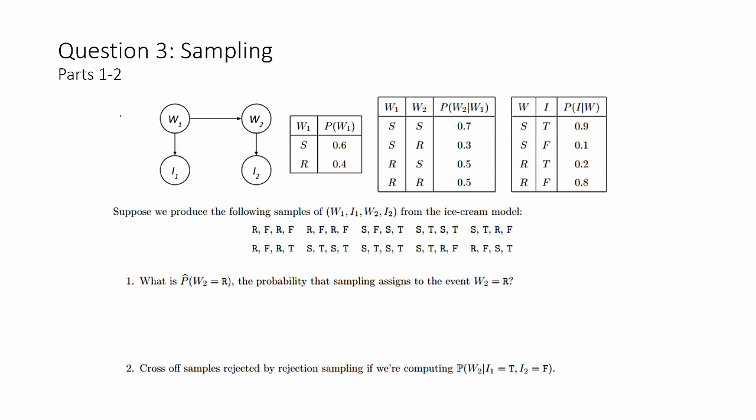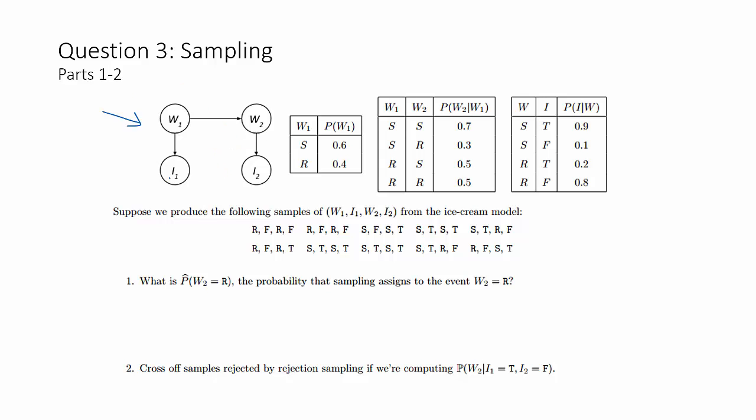In this question, we're given a Bayes net shown here. This Bayes net has 4 variables, W1, W2, I1, and I2. The intuition behind these random variables is W1 and W2 are modeling the weather, whether it's sunny or rainy, and I1 and I2 is modeling whether or not you ate ice cream on days 1 and 2.